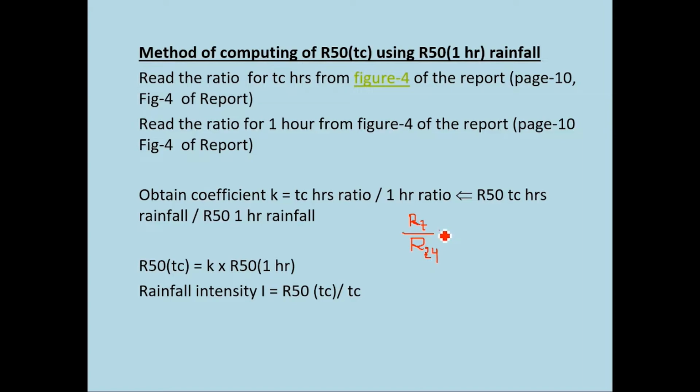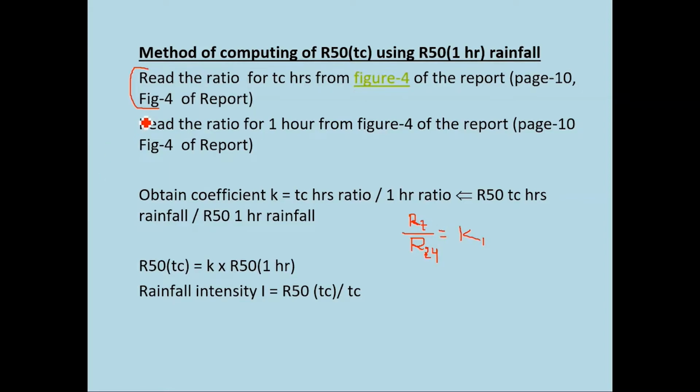This is one ratio. This is one K1. This I can read from the graph. Participants, are you with me? Yes, sir. So this is the first line which I have written here.